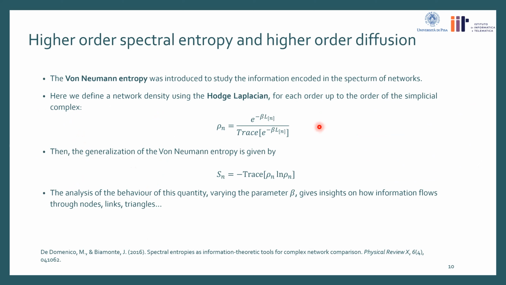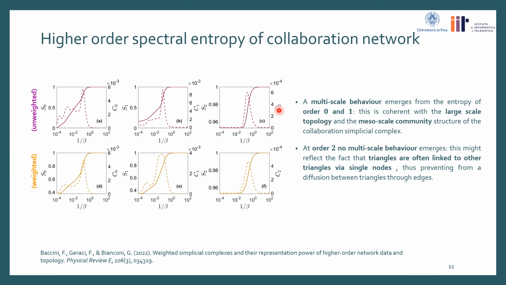And the study of the variation of the entropy with respect to parameter beta will give an insight into how the information diffuses through the network in time. So here, the first row refers to the unweighted version of the network, and the second row refers to the weighted one.